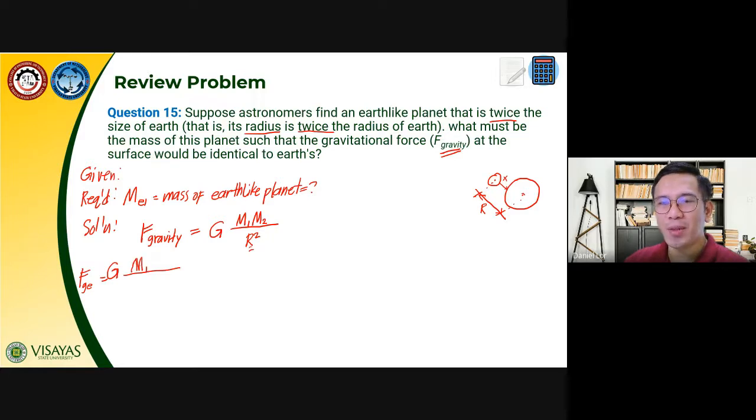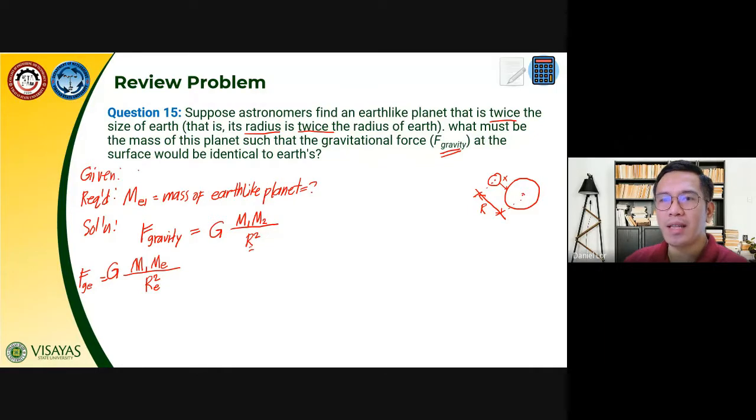So, its mass 1 could be anything that is on top of the surface of the Earth, times mass 2, which is the mass of the Earth, divided by r squared. This is the radius of the Earth, so we put the radius of the Earth here.